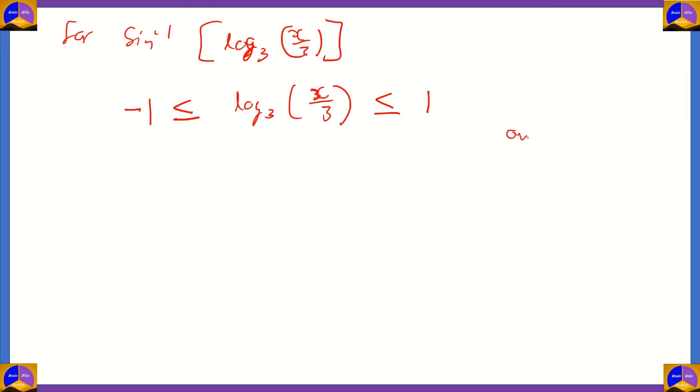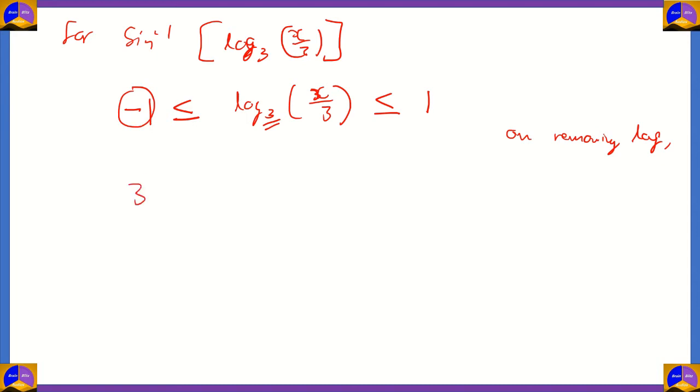So on removing the logarithm, the left limit becomes the base raised to the current limit.